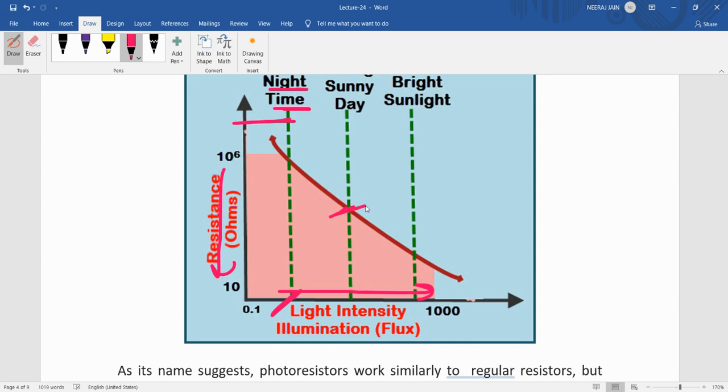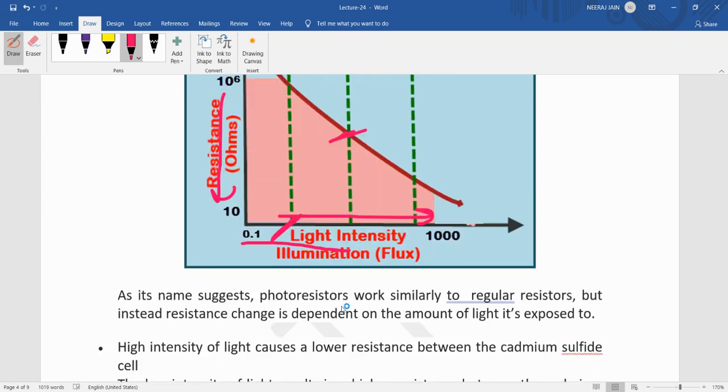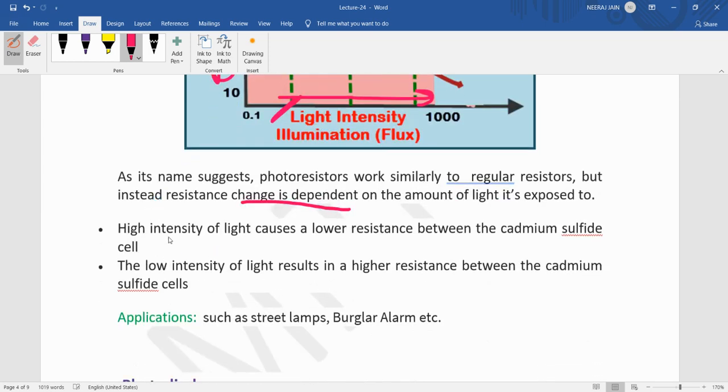But in the daytime or on a sunny day, as the intensity increases, the resistance will decrease.